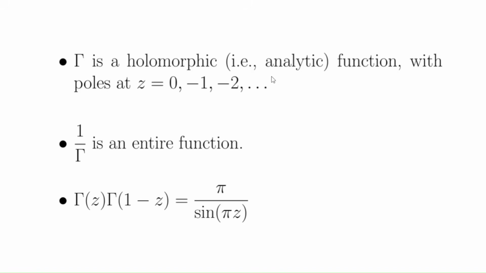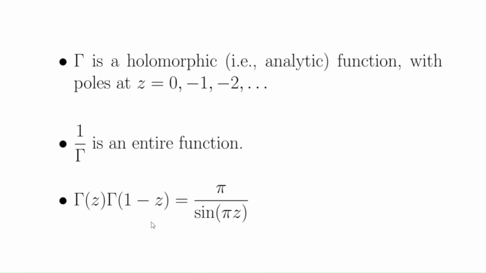In fact, it's so smooth, almost beyond smooth in a certain sense, that if you know how it behaves in just a tiny little patch of the complex plane, then that's enough to determine how it behaves everywhere else, even very far away. That's a deep and really beautiful property of analytic functions that you'll learn about if you study complex analysis. Now, it turns out that gamma doesn't have any zeros, so 1 over gamma is what's called an entire function. It's holomorphic on the whole plane, on the entire complex plane.